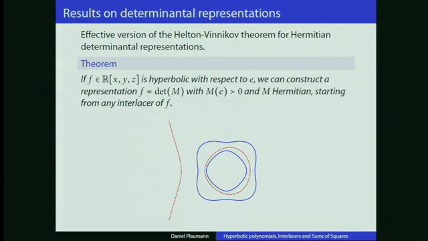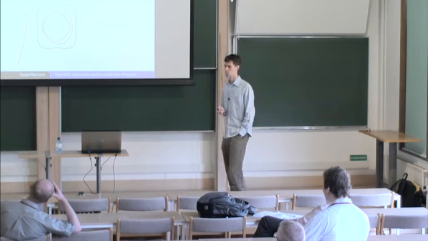So if you have a hyperbolic polynomial in 3 variables, Helton-Vinnikov will tell you that it has a symmetric determinantal representation. And in fact, if you allow Hermitian determinantal representations instead of symmetric, it's a weaker result than Helton-Vinnikov, but then you can actually produce such a representation starting from any interlacer in an explicit and basically elementary way. Yes, homogeneous. I'm sorry, the polynomials are always homogeneous.